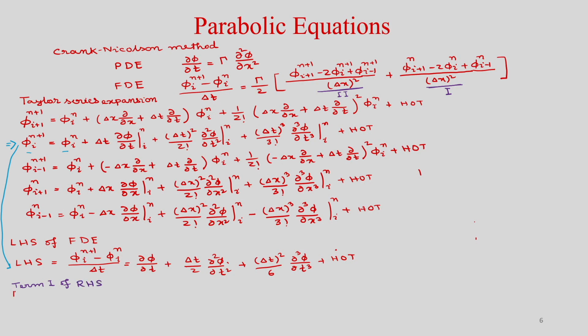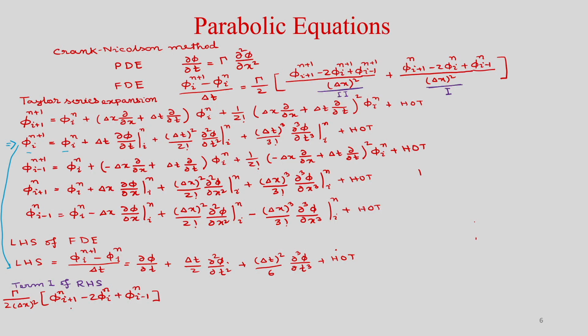It is gamma by 2 delta x square, and you have phi I plus 1 minus 2 phi I plus phi I minus 1, at which time level? At n.